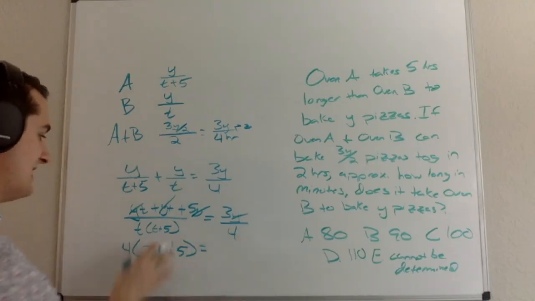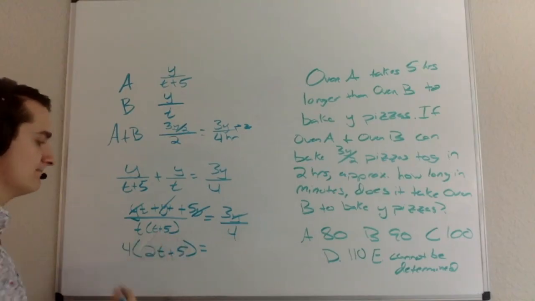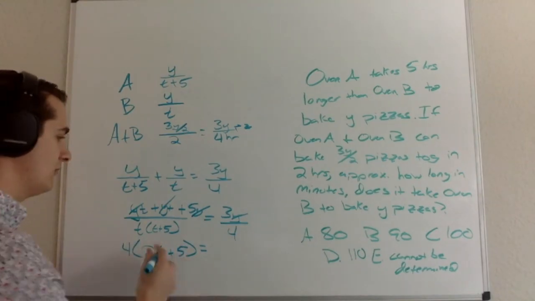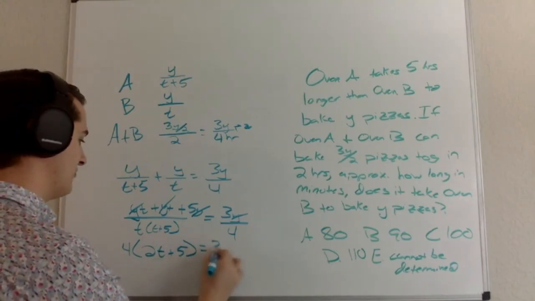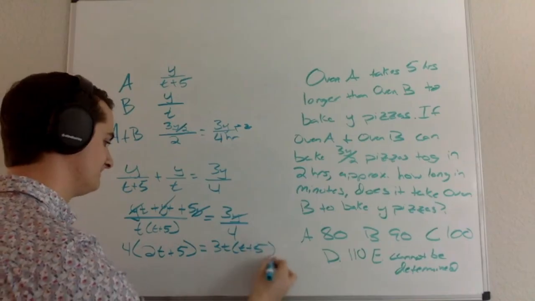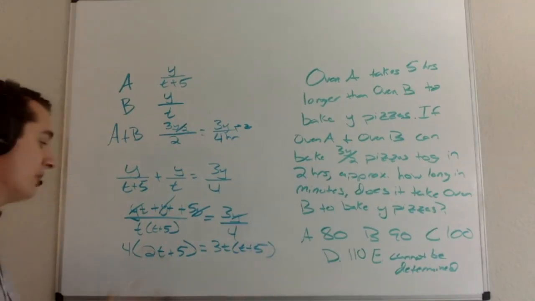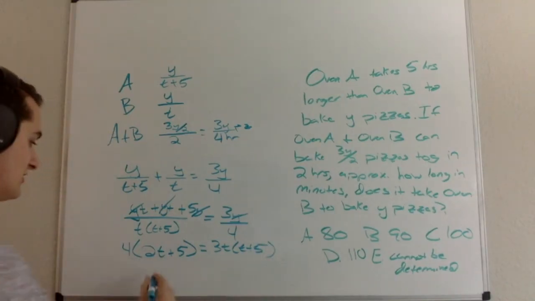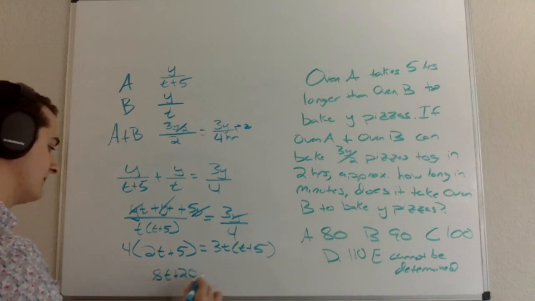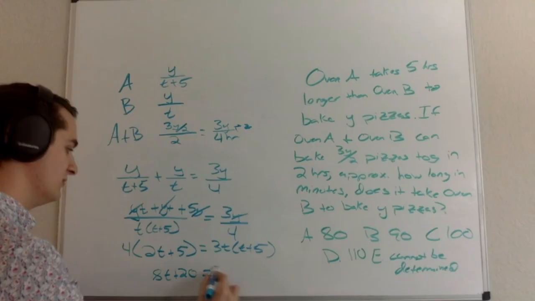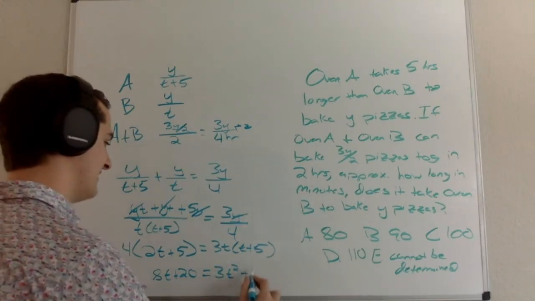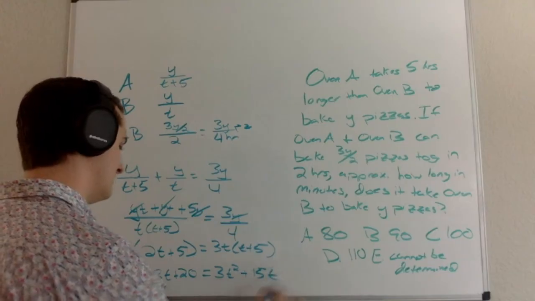On my right side, I'm going to multiply my t times t plus 5, and what I'm going to get is 3t times t plus 5. From here, I'm going to start to distribute. So I've got 8t plus 20 is going to be equal to 3t squared plus 15t.